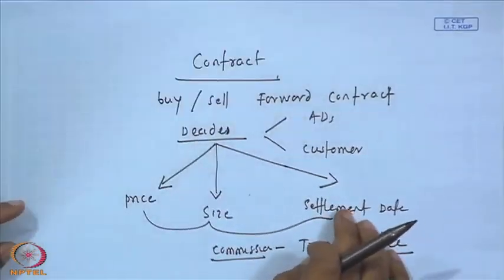Till the forward contract matures, there may not be any cash transaction. Only some kind of margin money may be taken, but cash transaction may not take place. If the contract size is very small, minute level, the authorized dealer may not charge any kind of margin money before the maturity of the contract.